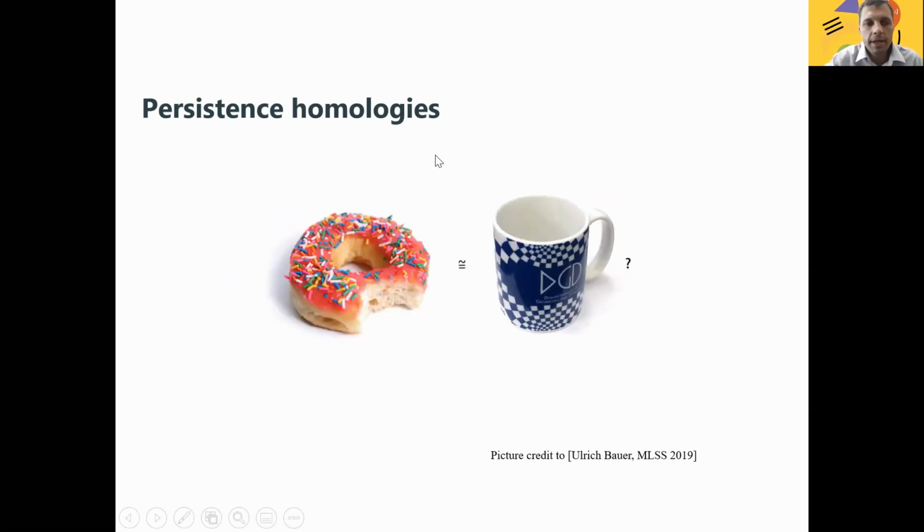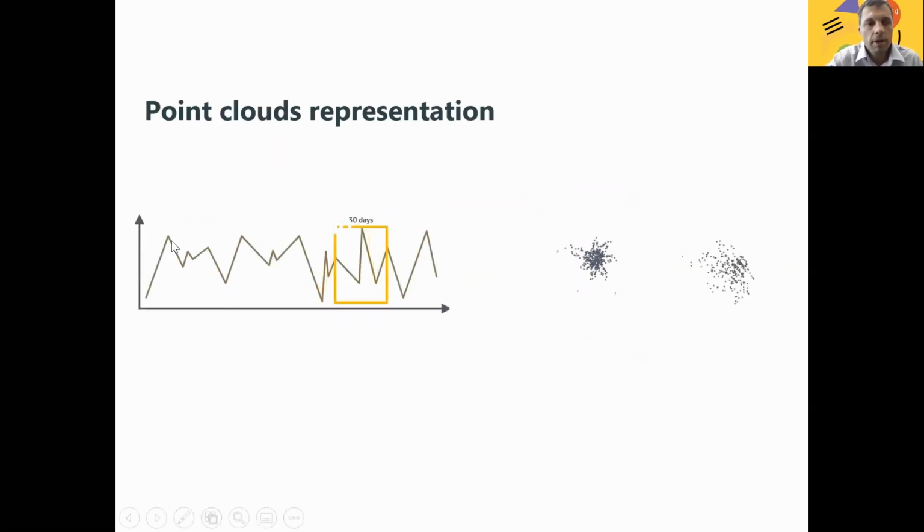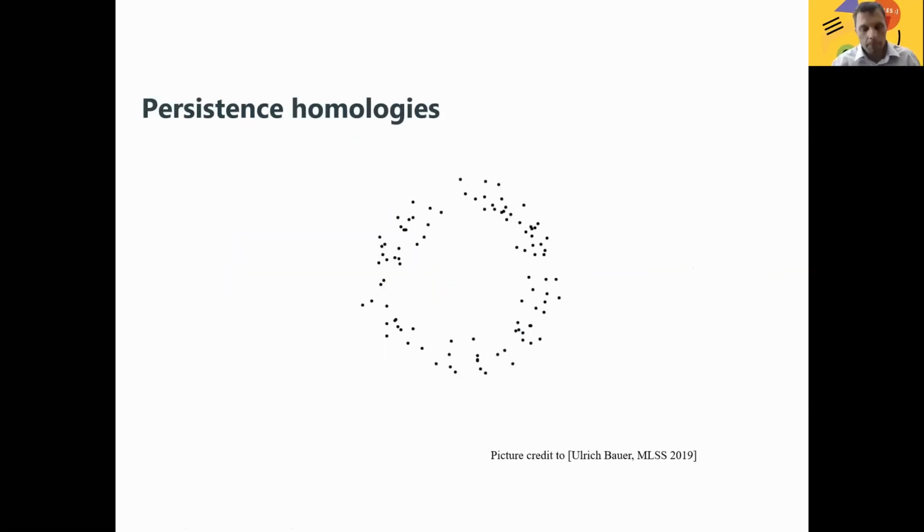And as I explained to you, we represent each time series by a point cloud. And because this point cloud belongs to a surface of the manifold, by estimating some invariant properties of the manifold, we can characterize the time series. So this is the idea.